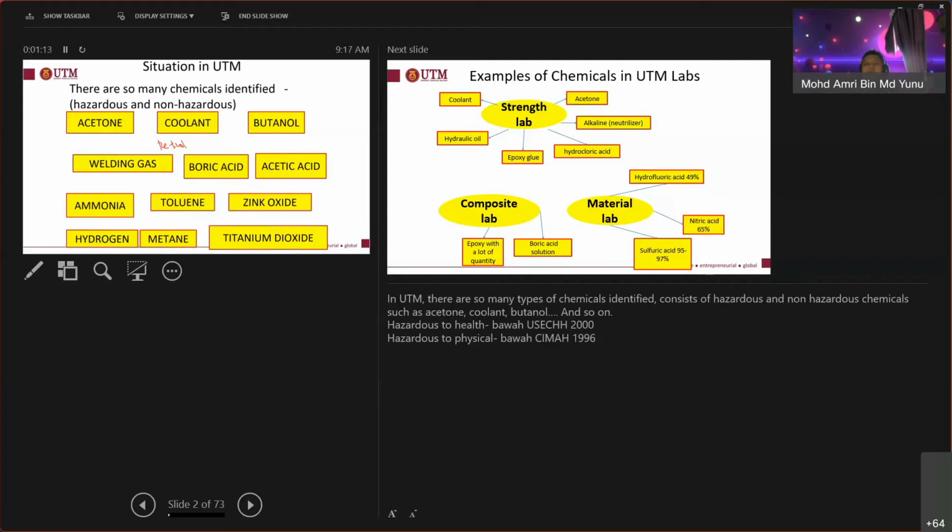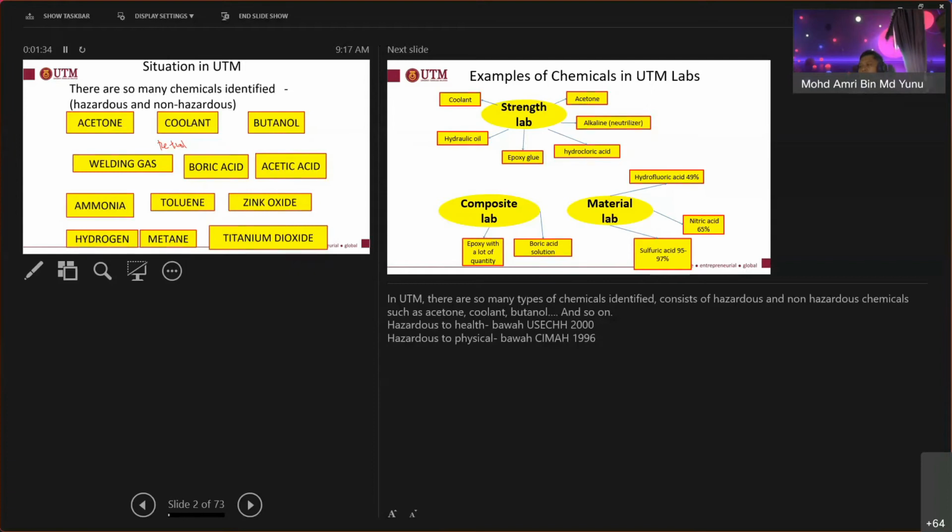It's not as simple as handling a physical hazard. You have to consider storage, and even disposal of the chemical has to be very careful.